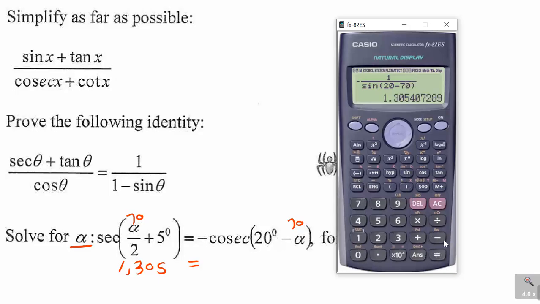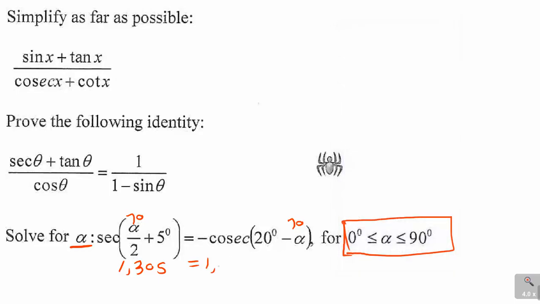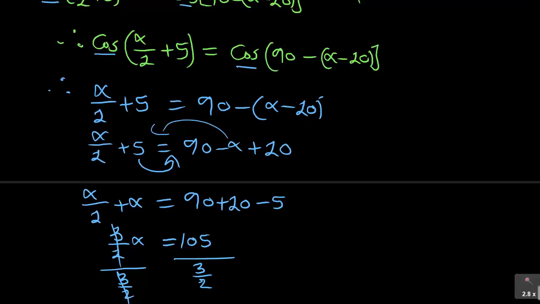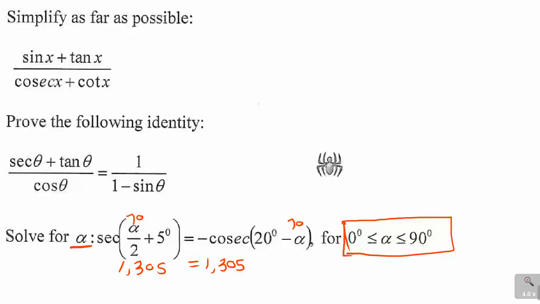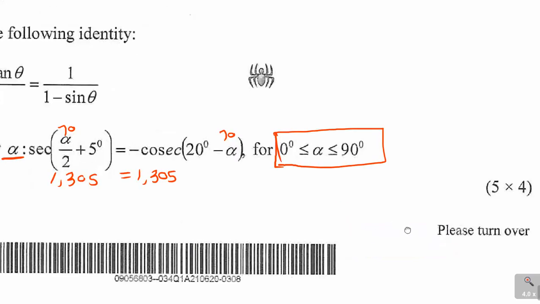If I do that, it's 1.305. Therefore, since it's balancing, my answer here that I got for alpha, which is 70, is correct.